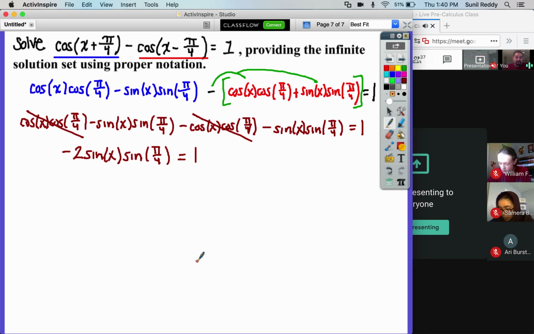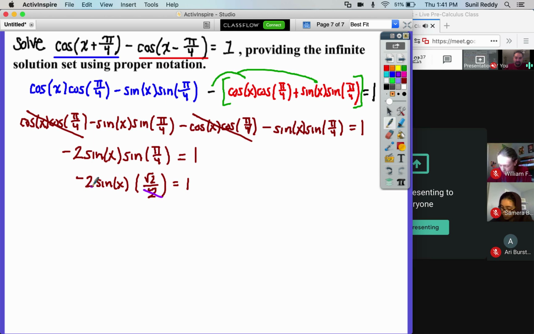From here, you could either divide by negative 2 on both sides, or you could evaluate the sine of pi over 4 first. That's what I'm going to do. So I have negative 2 times the sine of x times root 2 over 2, because that's my sine of pi over 4. Still equals 1. Multiplying the numbers together on the left, I have the division of a 2 and the multiplication of a 2, so those 2's just cancel each other out.